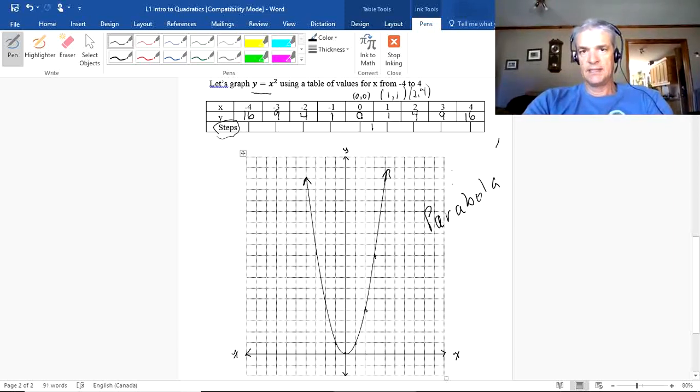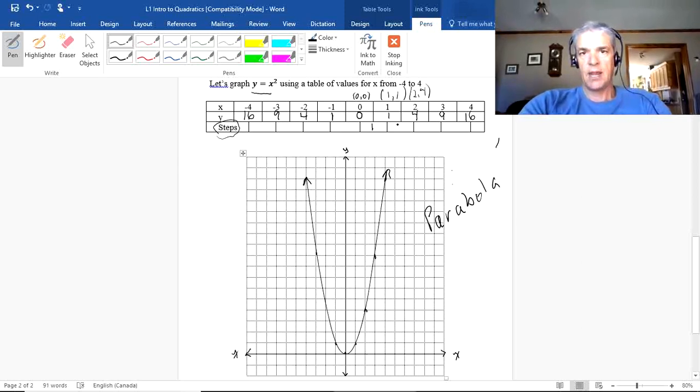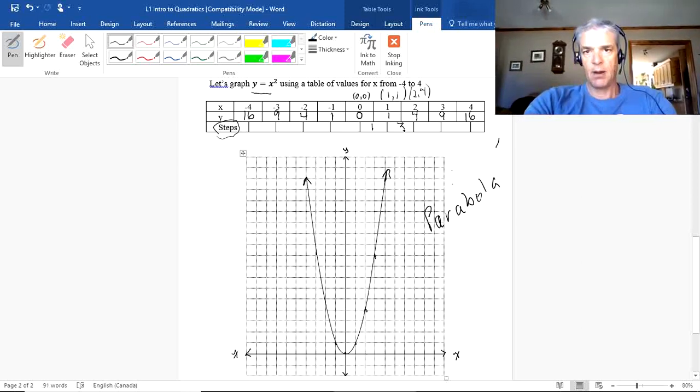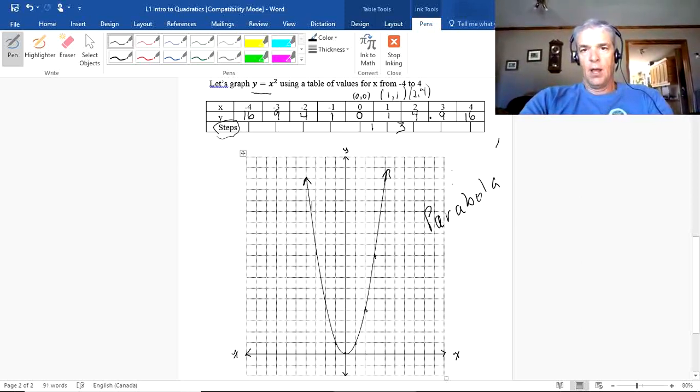What was my step value for the next one, from 1 to 4? How much did we increase to go from 1 to 4? Well, we increased by 3. So I'm going to put my step here as 3. Then I went from 4 to 9. What did I increase to go from 4 to 9?